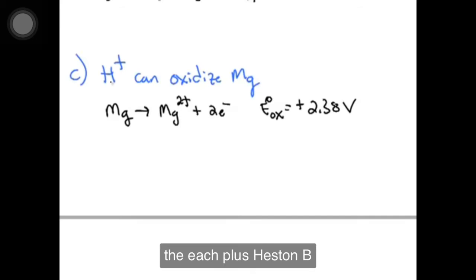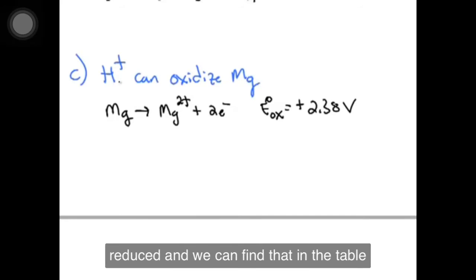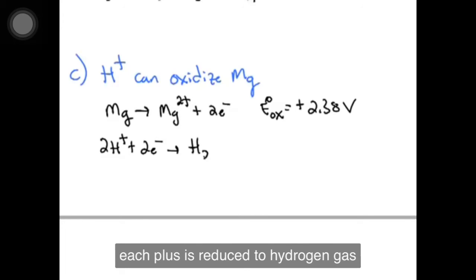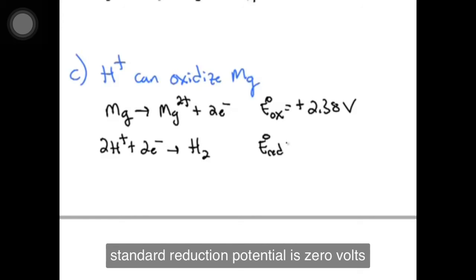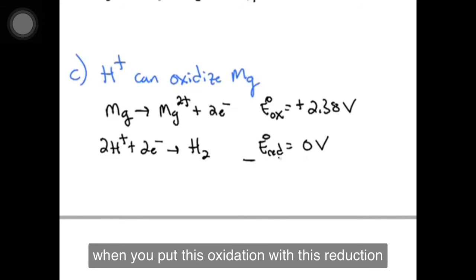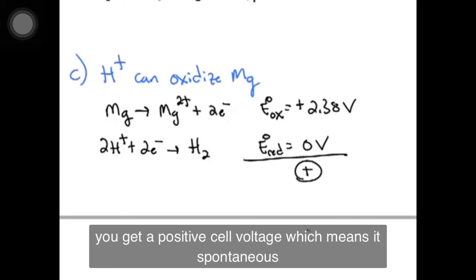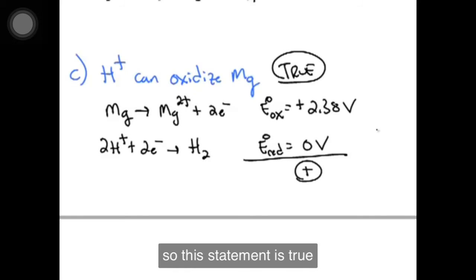The H plus has to be reduced, and we can find that in the table. H plus is reduced to hydrogen gas. Standard reduction potential is 0 volts. When you put this oxidation with this reduction, you get a positive cell voltage, which means it's spontaneous. So this statement is true.